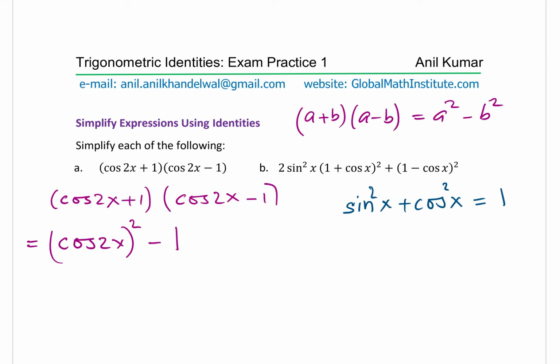So if I rearrange this, we get cos square x minus 1 equals to, taking sine to the other side, minus sine square x. Correct? So we could now write down in the expression form, this could be written as minus sine square 2x. Is that correct? The right way of writing, of course, is what I've written at the end. So that is the simplified form of part A. So the answer for the second one is minus sine squared 2x.